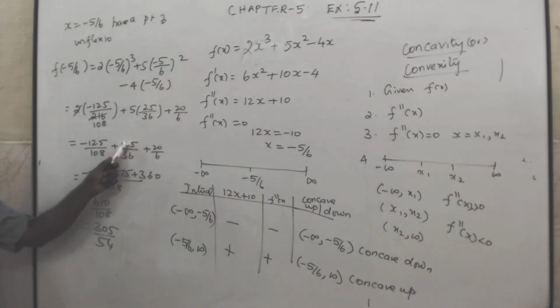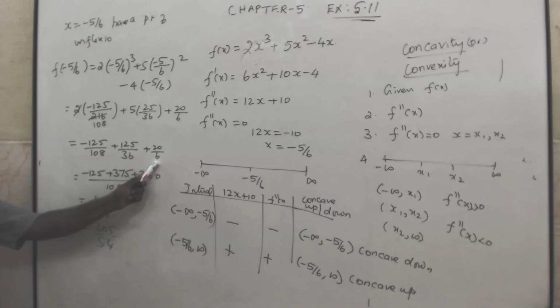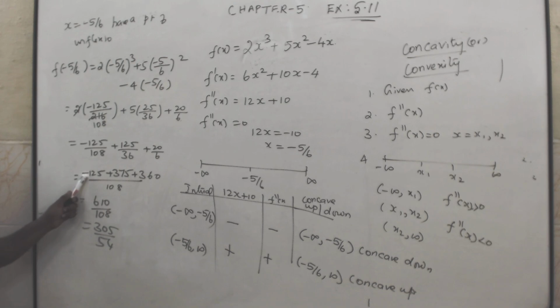Therefore, the answer is minus 5 by 6, comma 305 by 54.